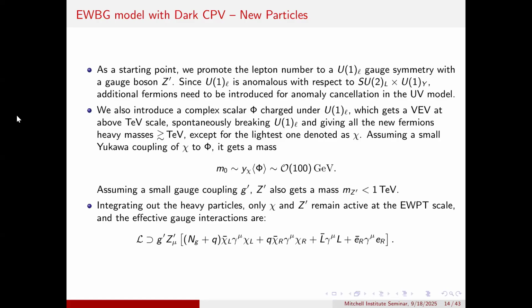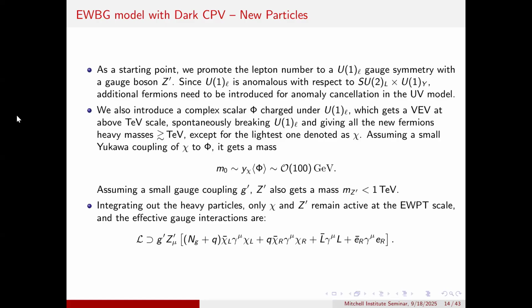In addition, we introduce a complex scalar field phi charged under U(1), which gets a VEV above the TeV scale, way above the electroweak scale. This spontaneously breaks U(1)_L and gives all the new fermions heavy mass at the TeV scale, except for one lightest one, which we call chi.